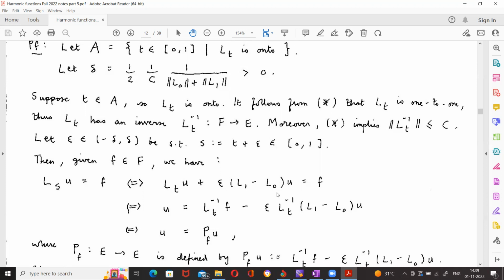So what I do is I solve for U. Because LT is invertible, I can multiply by LT inverse everywhere, and then I can keep U on this side and take the other terms to the right-hand side. So then this is equivalent to U is equal to LT inverse F minus epsilon LT inverse (L1 minus L0) U, right?